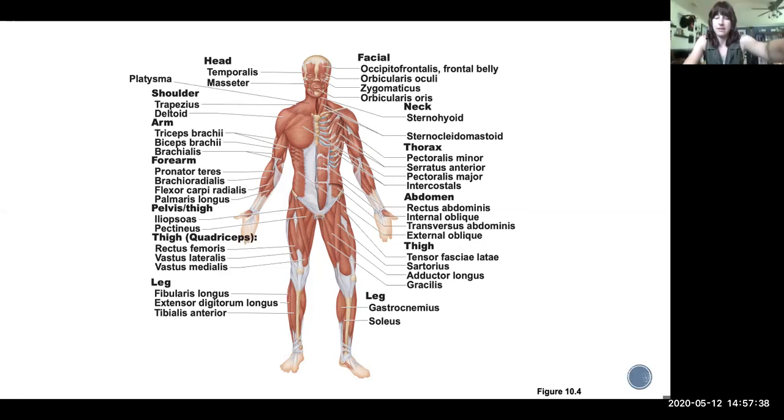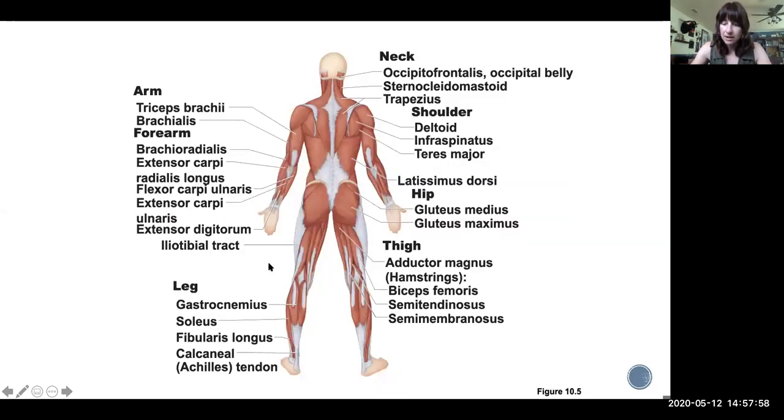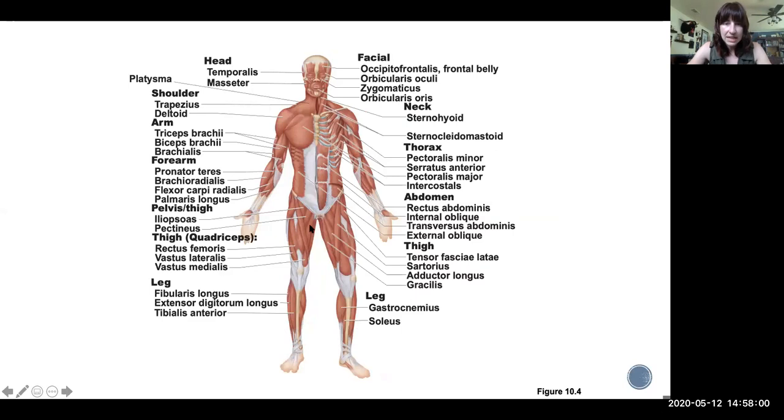And let's see if that is on your thing. Sartorius: flex, abduct, and laterally rotate the thigh, okay? So it's going to be a synergist for that flexing that the iliopsoas and the pectineus are doing.